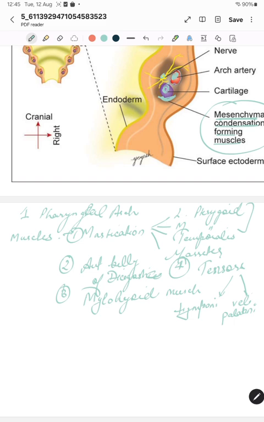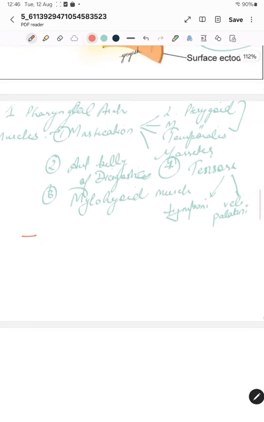So these are the muscles. Then we'll come to the nerves. The nerve is the mandibular nerve, and we also have the chorda tympani nerve. We'll see the concept of post-trematic and pre-trematic at the last of the lecture.